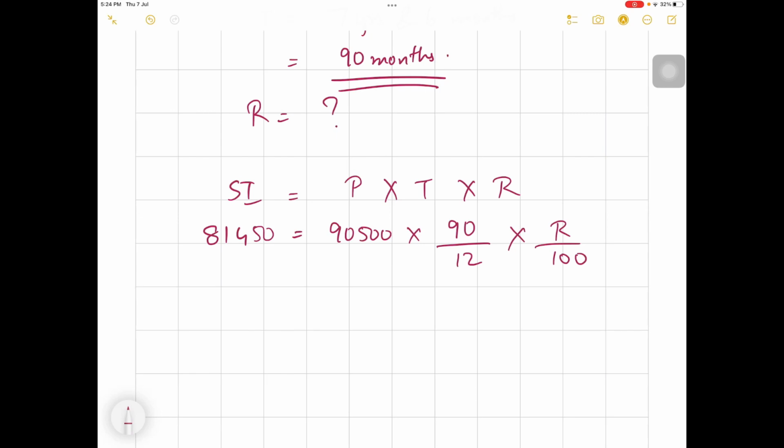So we'll keep R on one side and take other things to the other side. Division will become multiplication and multiplication will become division. So 81450 multiplied by 12 multiplied by 100 divided by 90500 divided by 90.